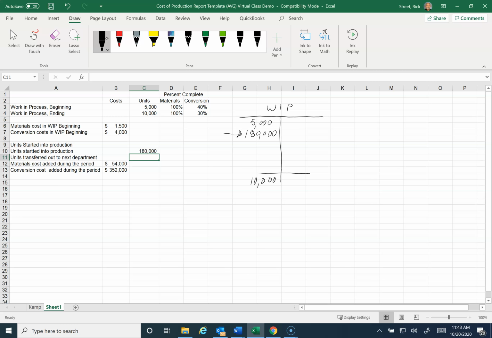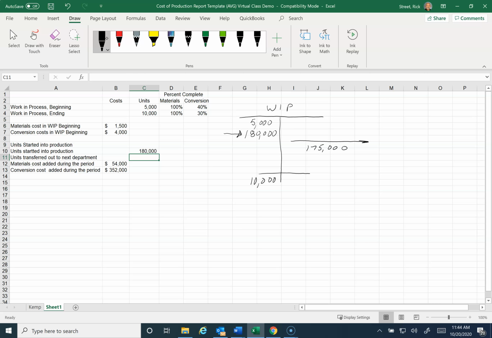So just by doing our math, 5,000 in the beginning inventory, 180,000 units started, with 10,000 units remaining in some condition of incomplete, would indicate that we transferred out 175,000 units.